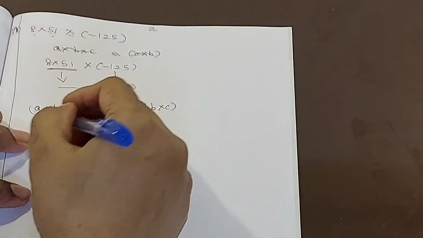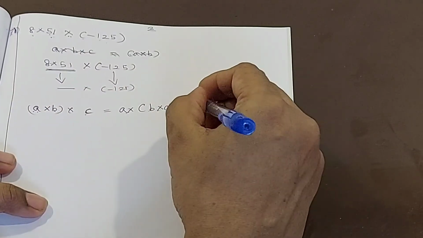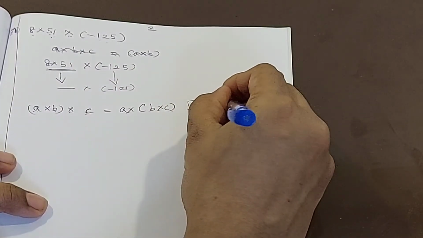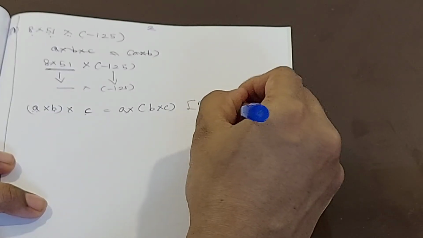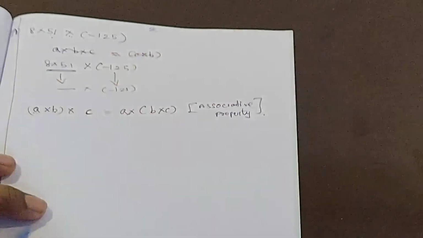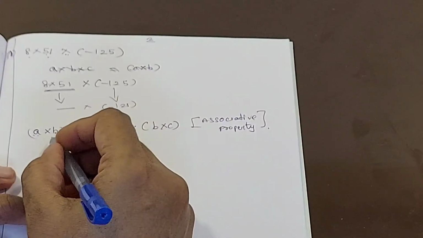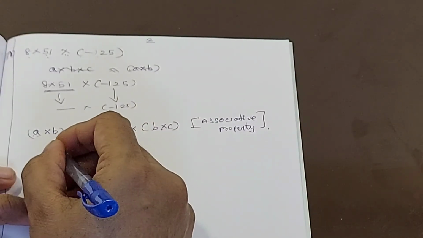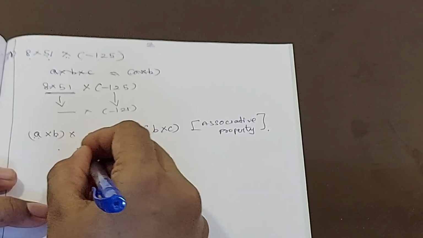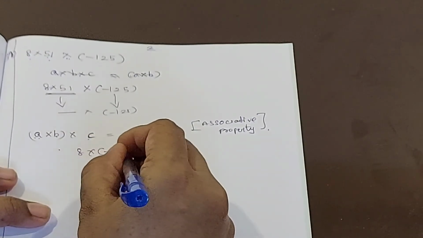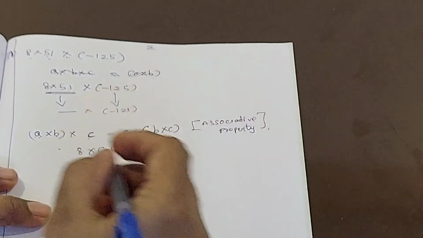Okay, children. So I am doing this, that is we have to write this property, associative property, by regrouping the terms for our convenience. Okay. So first I will write 8 into minus 125 into 51, right?